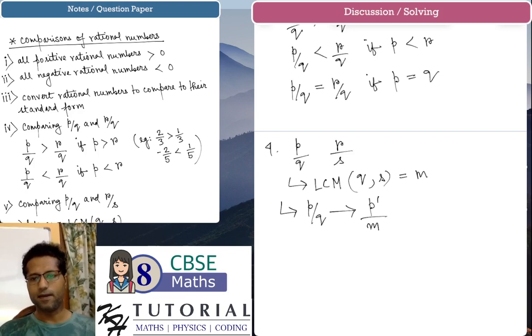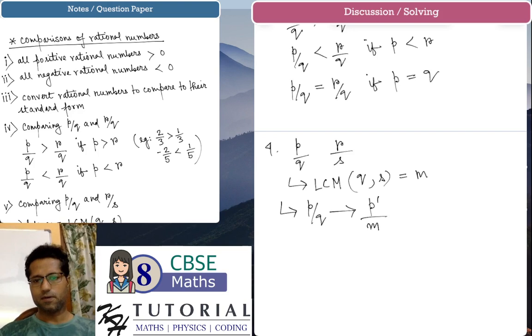Now how do I get p dash by m from p by q? What we do is multiply p with m divided by q.